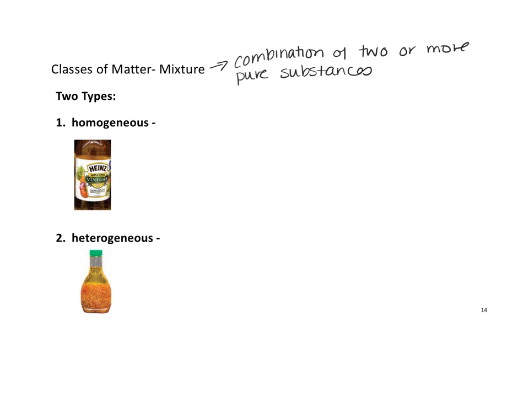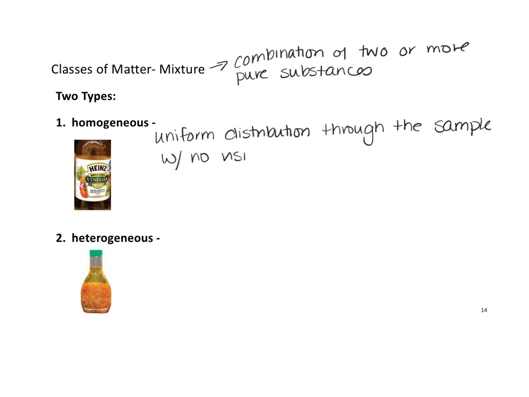And we can have a homogeneous mixture where you have a uniform distribution through the sample, with no visible boundaries.